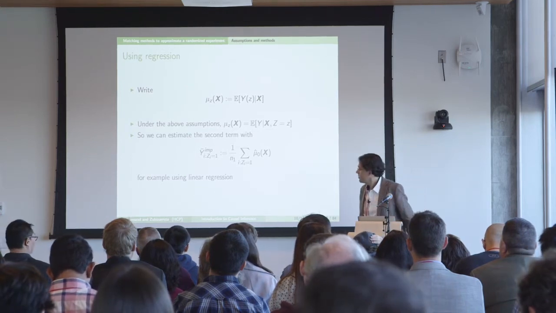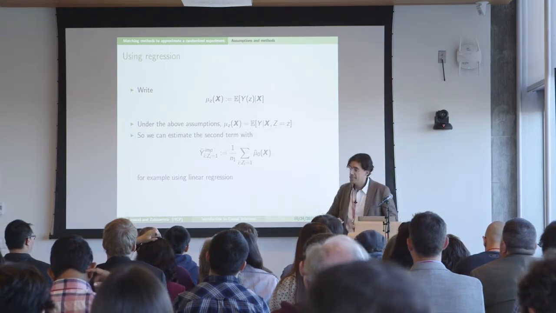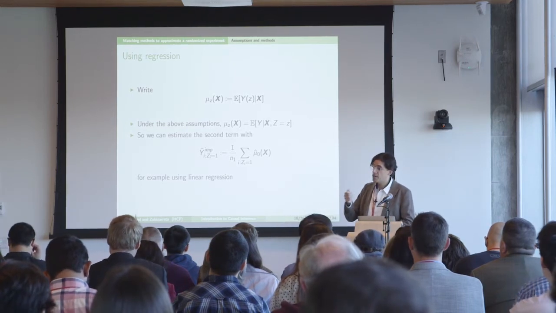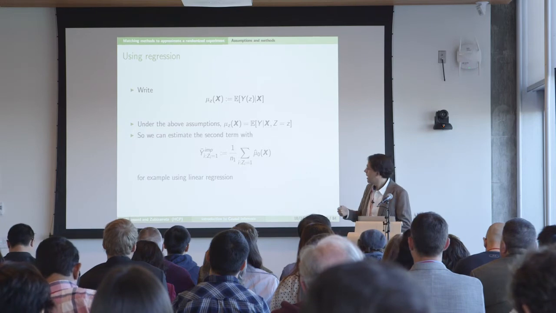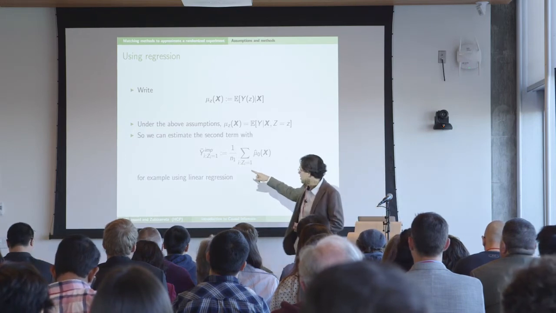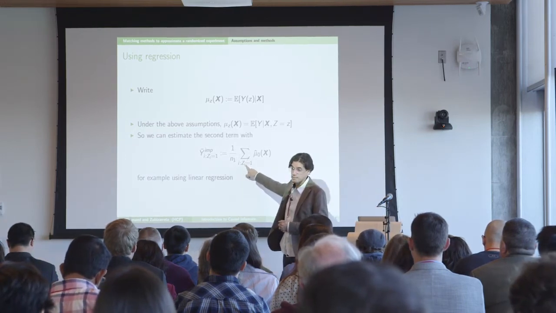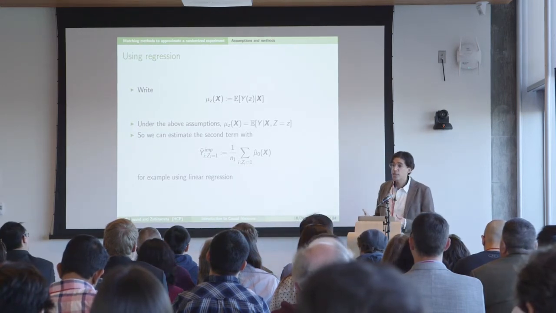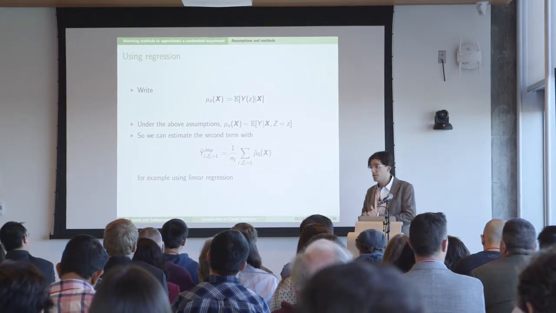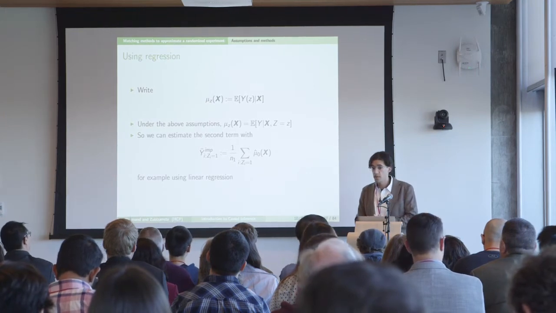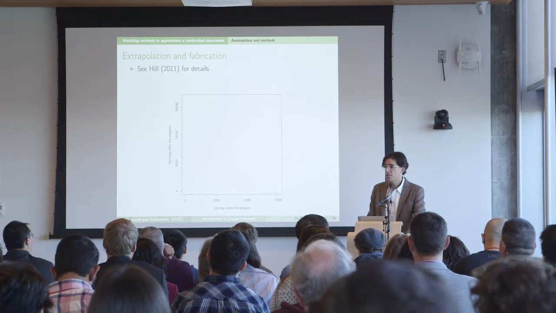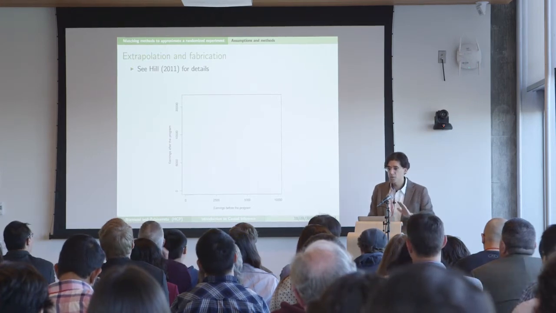This suggests an estimator in which we're fitting a regression model on the controls, and then we're averaging the predictions of the potential outcomes under control for the treated subjects. And we can do this, for example, by using linear regression. And what I want to show is that linear regression can go wrong, so we want to use something different.